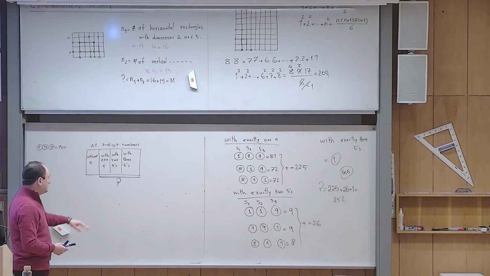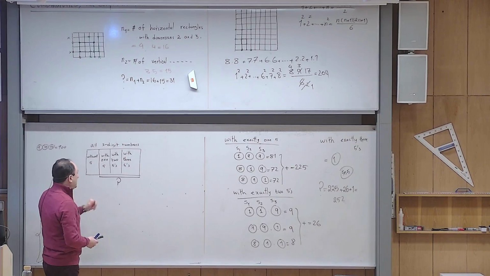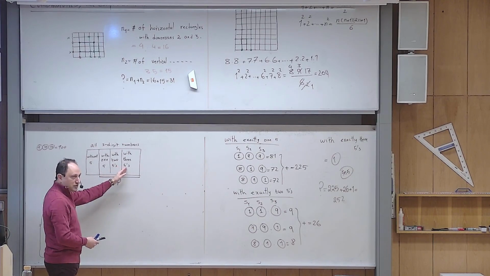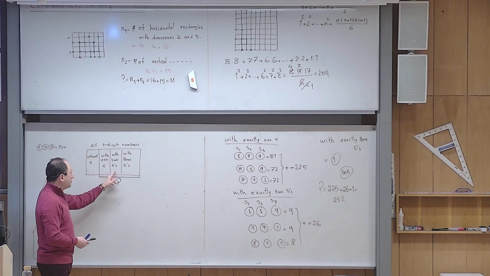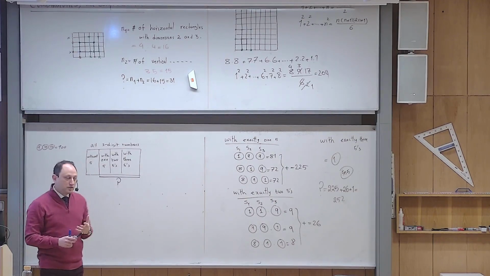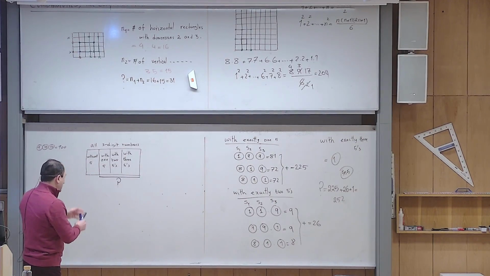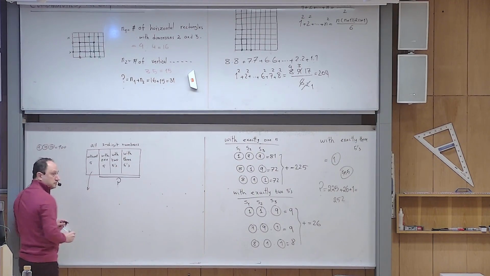So the complement rule is useful when you want to answer a question mark, but if you want to do it directly, you have to consider more cases than the complement case. Here I have 3 separate cases, but the complement is only 1 case. So it is beneficial to think about the complement rule.